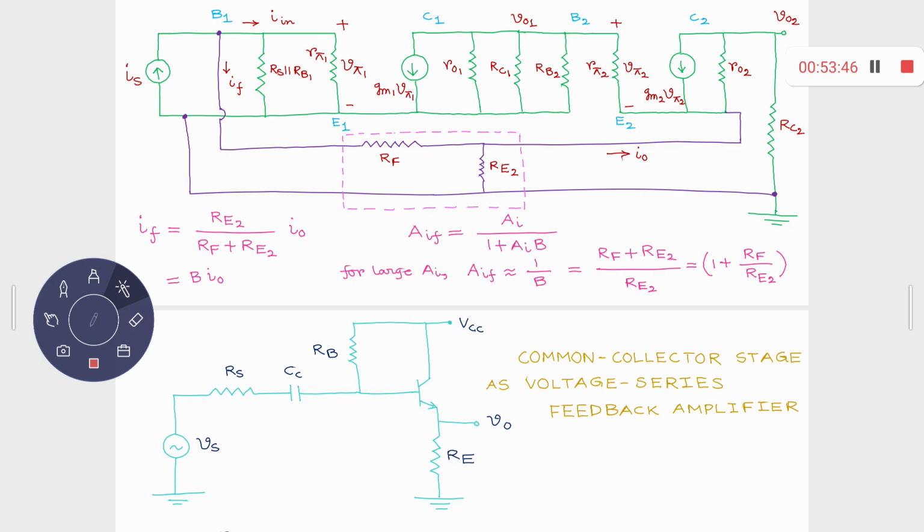You know the notion A by 1 plus AB. Typically, B is essentially equal to unity, so A by 1 plus A is ultimately close to 1. But still, you have to represent that in terms of feedback communication.